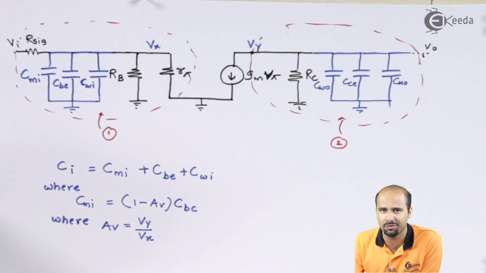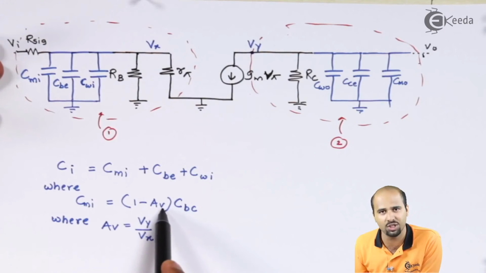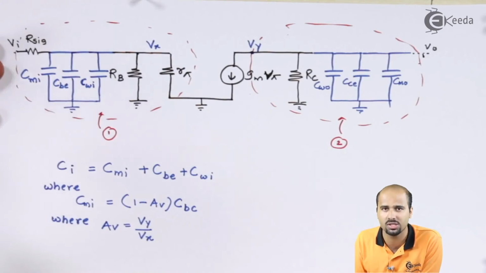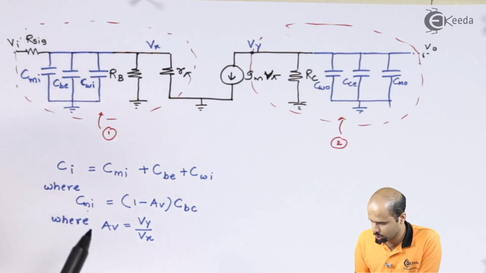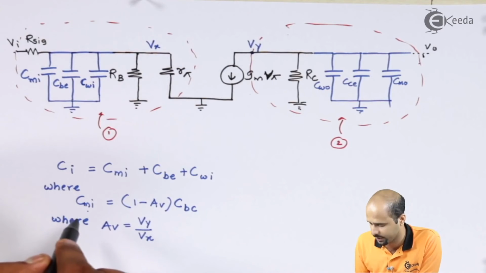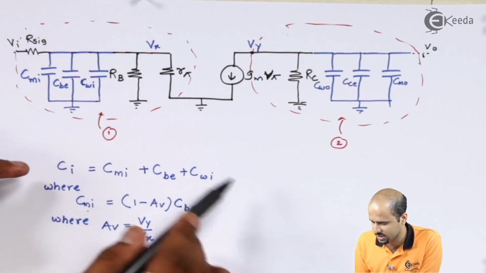That is true, but we don't have to incorporate that Vo divided by Vi in your CMI calculation, because this Rsignal will give you some voltage drop and that will give you the wrong answer for CMI. So we will be getting a considerably small value of CMI in terms of pico or nano farad. And we'll just add these values.